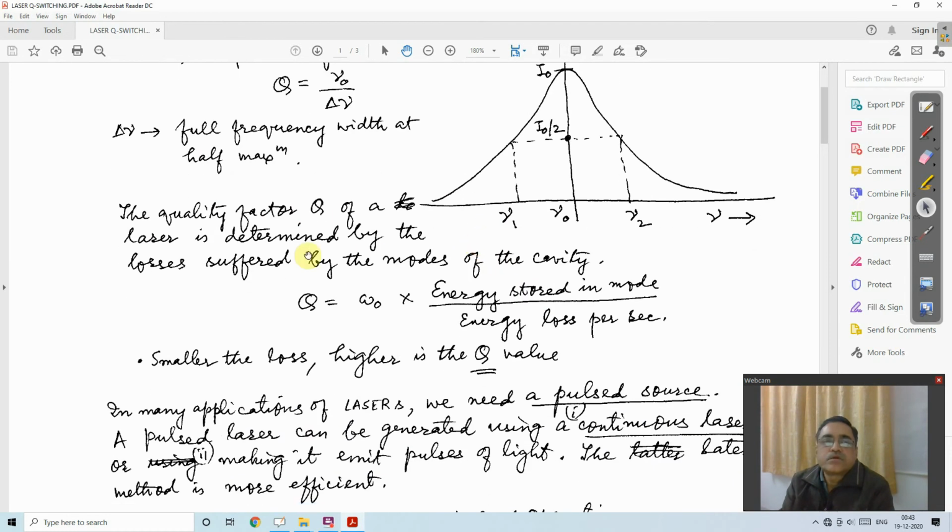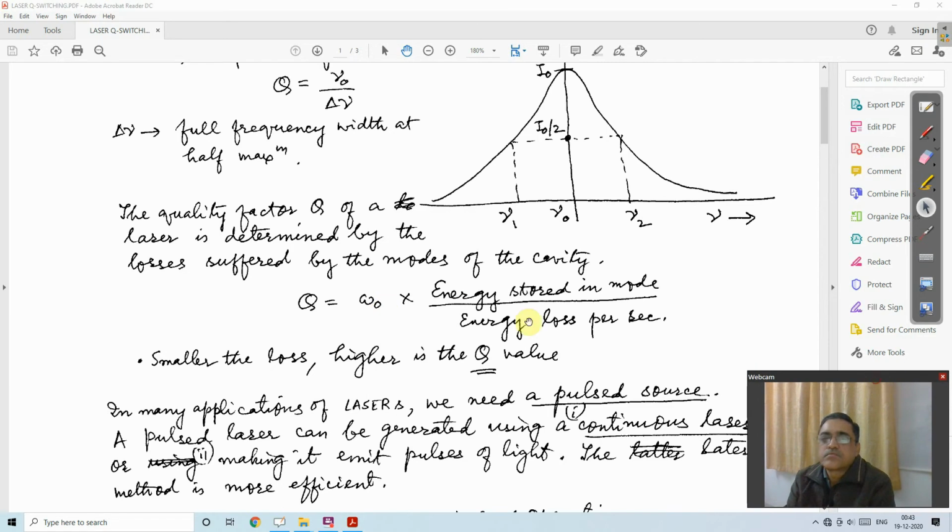The quality factor Q of a laser is defined as omega naught, the peak frequency in angular frequency terms, times the energy stored in a particular mode divided by the energy loss per second. So you see that the smaller the loss, the higher the Q value.